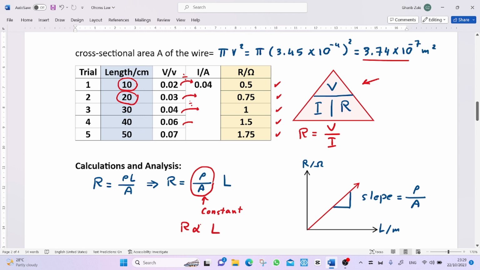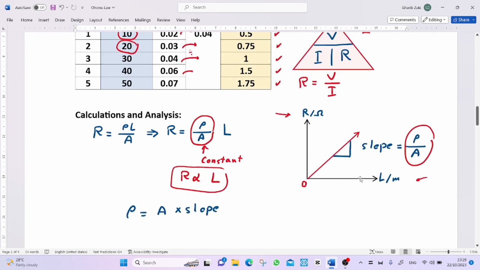Then the resistance is proportional directly to the length. If we draw the relation between the resistance and the length in meter, we will get a straight line passing through the origin. Its slope equals rho over A. If we need to calculate rho, then we find the slope and multiply it by the cross-section area.